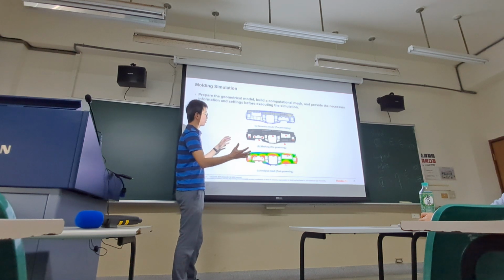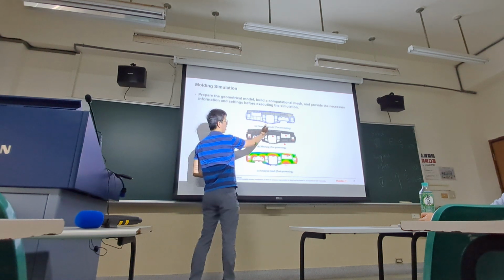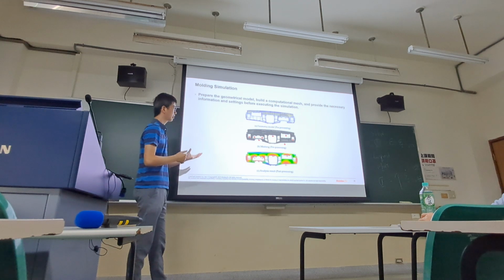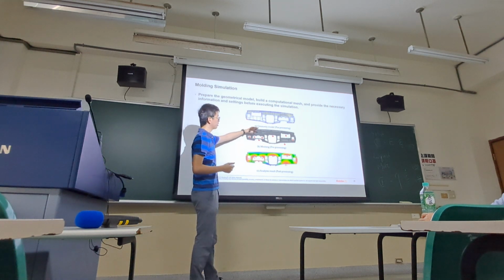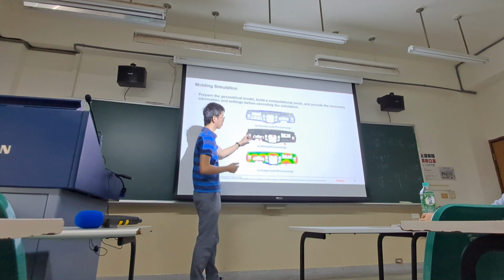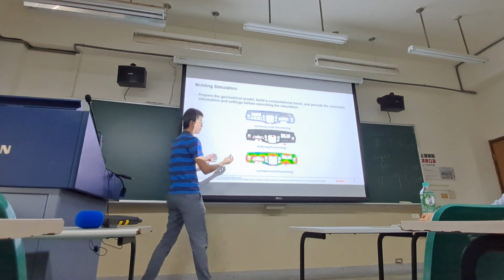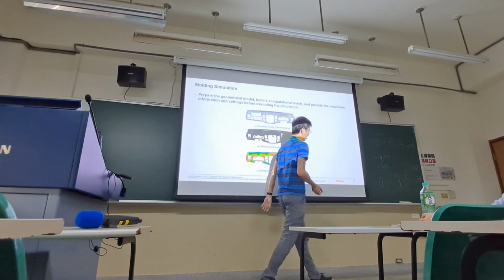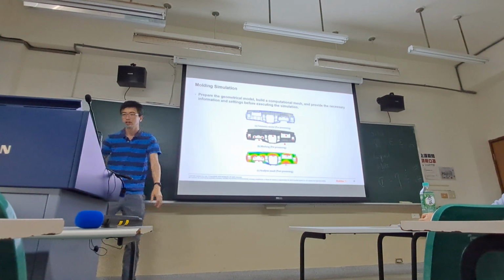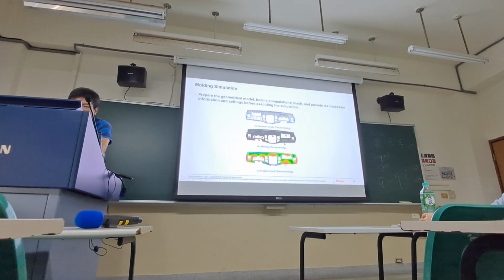The software allows you to import a geometry. For example, this is a very complicated automotive part. You input it into the software, and the software will help you to generate the mesh, with some control, a small mesh. And then you need to provide necessary information, for example, the material property.